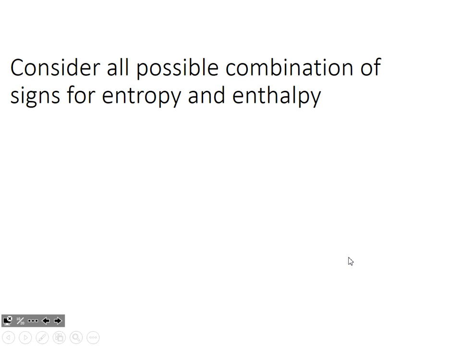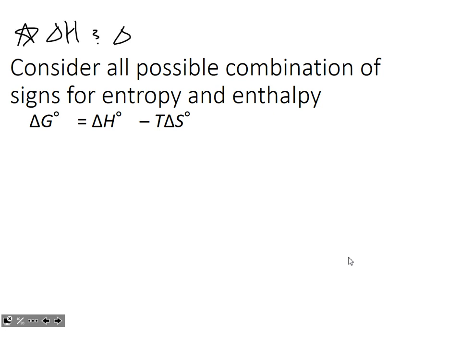So in order to talk about the importance of signs, we want to consider all possible combinations of signs for entropy and enthalpy in terms of this formula, delta G equals delta H minus T delta S. Before I get into that, though, I will add that delta H and delta S are assumed to be what's called temperature independent, which means that their value and their sign doesn't change for a reaction depending on the temperature they're at.